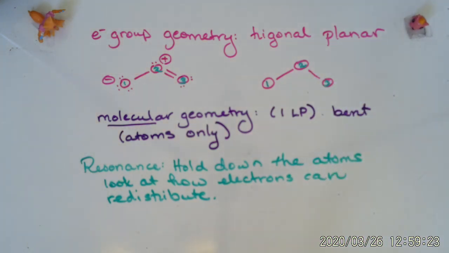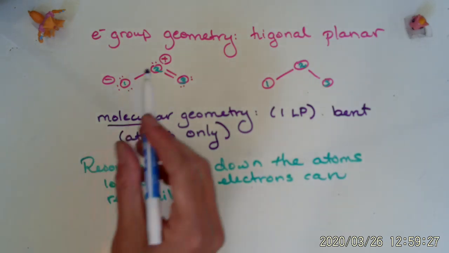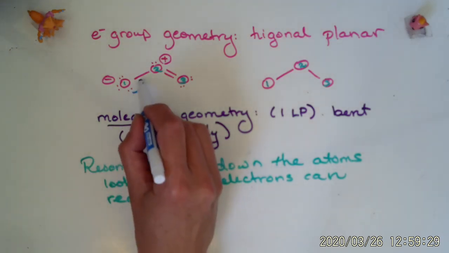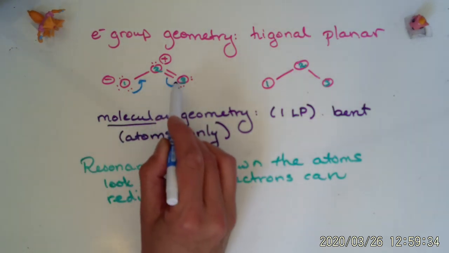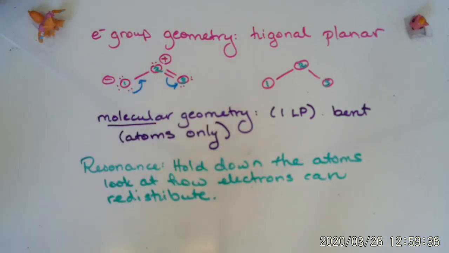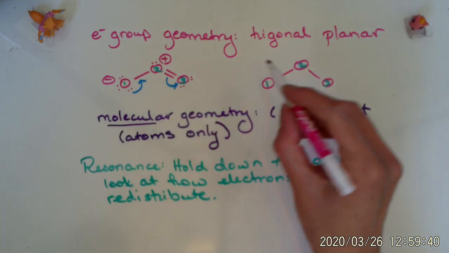But what I can do is take these electrons and form a double bond here. And these electrons have to move away in order to make sure that my oxygen only has an octet around it. When you do that, let's see what happens.